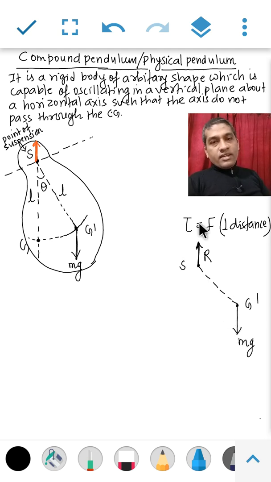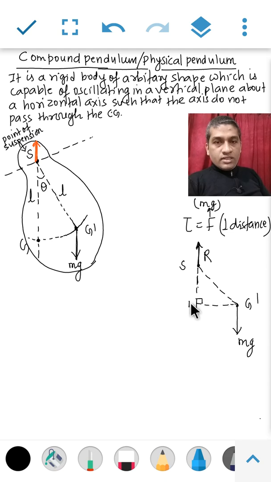So as I said earlier, the restoring torque is due to mg. So force is mg. Now we need to find the perpendicular distance. So in order to find it, let me produce this force in downward direction, and let us drop a perpendicular from G dash on this dotted line.